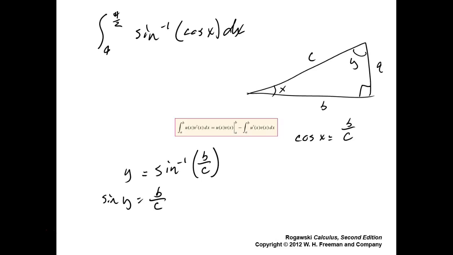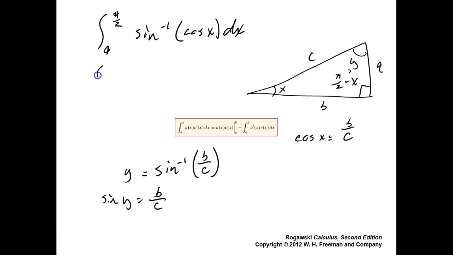So you can say y is equal to pi halves minus x. They're complementary angles, so the inverse sine is pi halves minus x.